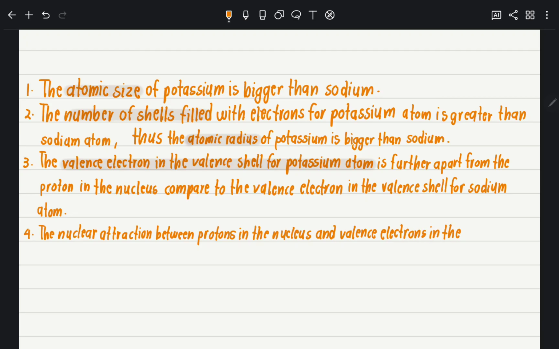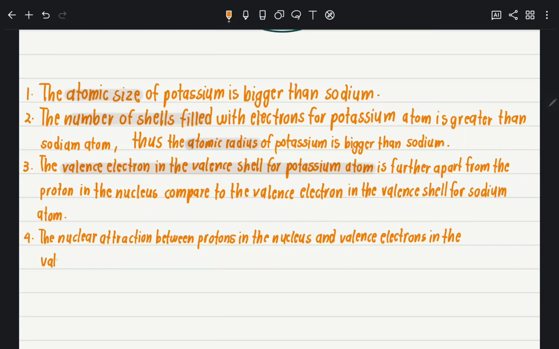Okay, jangan kata valence shells, valence shell ada satu saja.